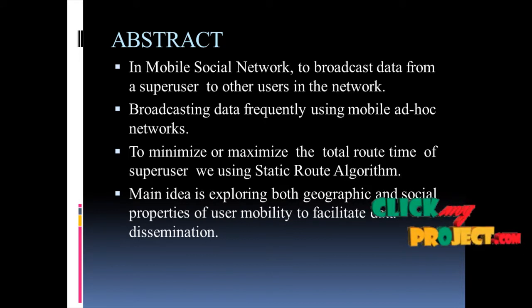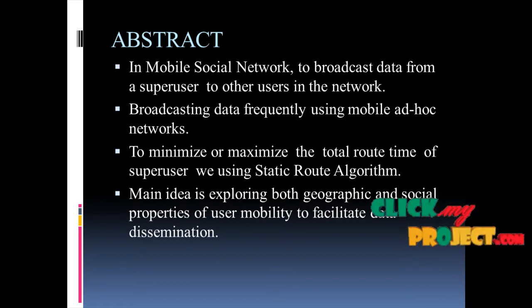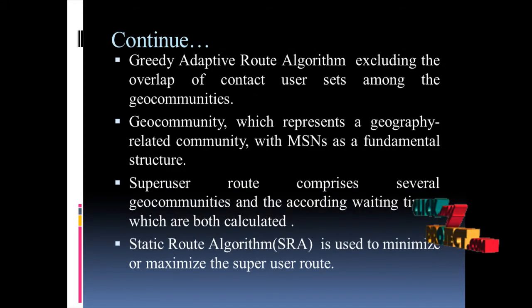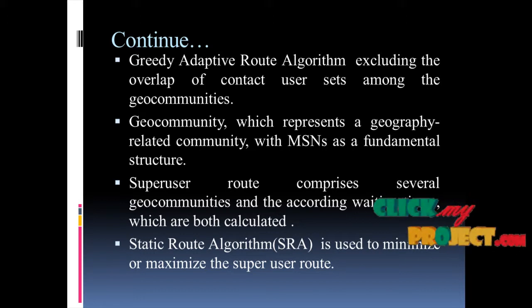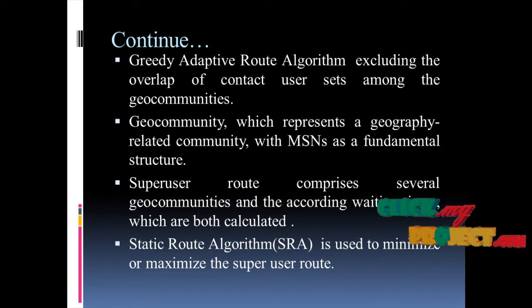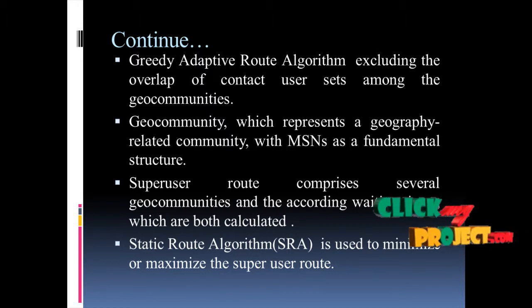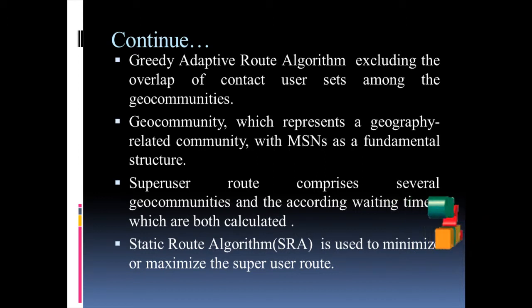The main idea is exploring both geographic and social properties of user mobility to facilitate data dissemination. A greedy adaptive route algorithm excludes the overlap of contact user sets among the geo communities. A geo community represents a geography-related community with MSNs as a fundamental structure.